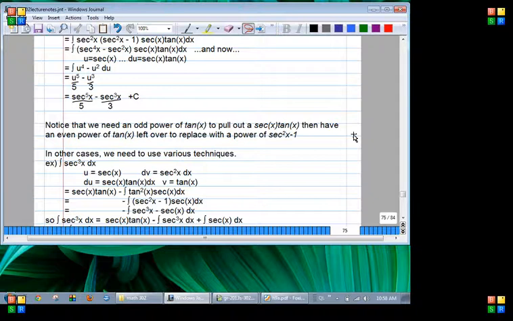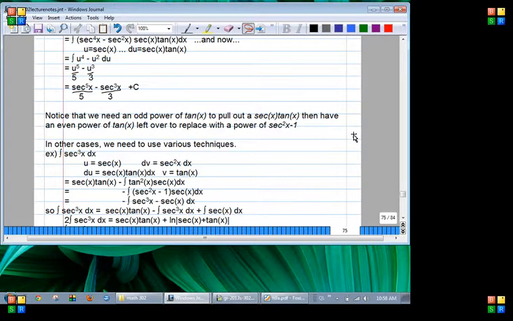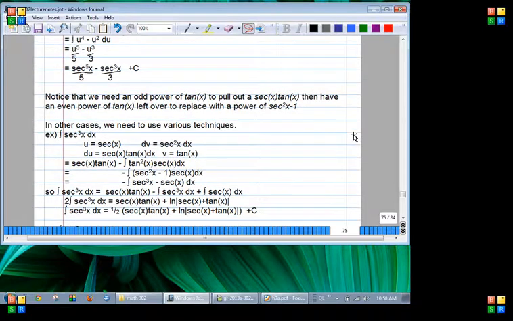So all that's left is to solve for the original integral as its own expression. So you get this. Therefore, the integral of secant cubed x dx equals half of that whole thing. This is a hard problem.